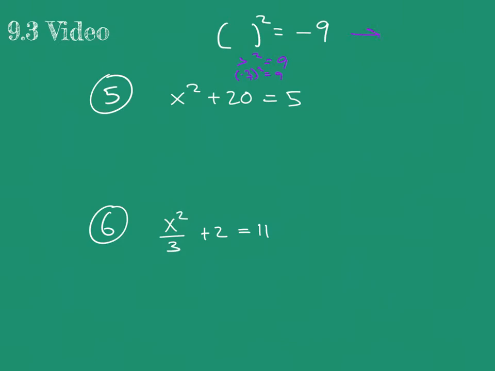So this type of situation, something squared equals a negative number, is no solution. It won't ever happen because you can't square a number and get a negative answer.